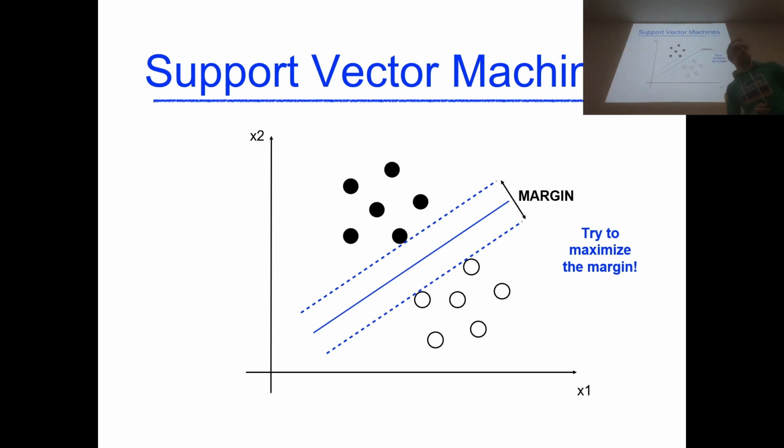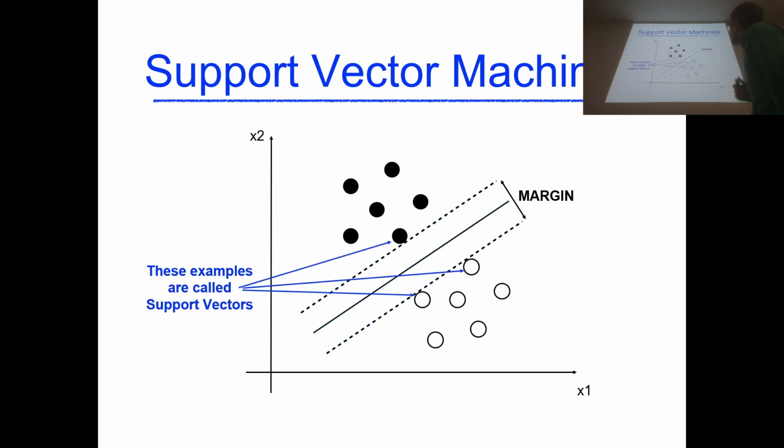One reason to do so is that we increase the chance of correctly classifying new, unseen data samples. If we draw the line too close to this set of data points, we increase the risk of misclassifying new data points. So that is one additional constraint.